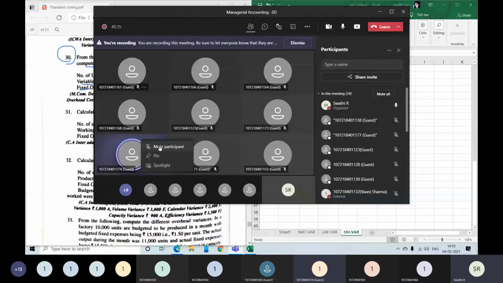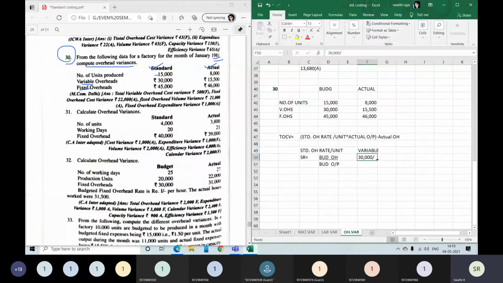Divided by 15,000. How much is it? Standard overhead rate for variable overhead is 2.